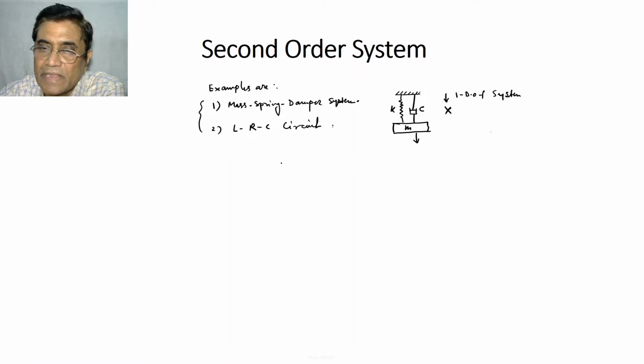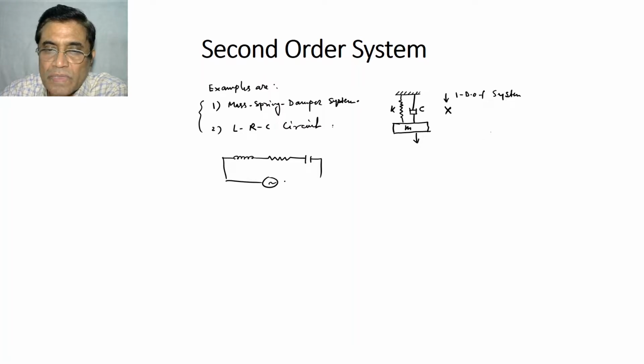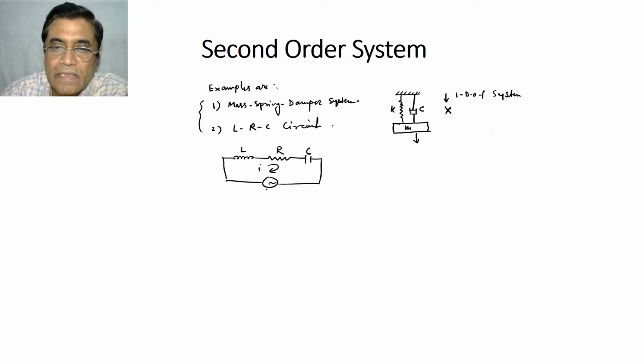But before that, draw the free body diagram. And an LRC circuit also is like this. There is a source of EMF or battery or whatever, and you see L, R, C. Current will flow through the circuit once I connect the two ends of the battery.